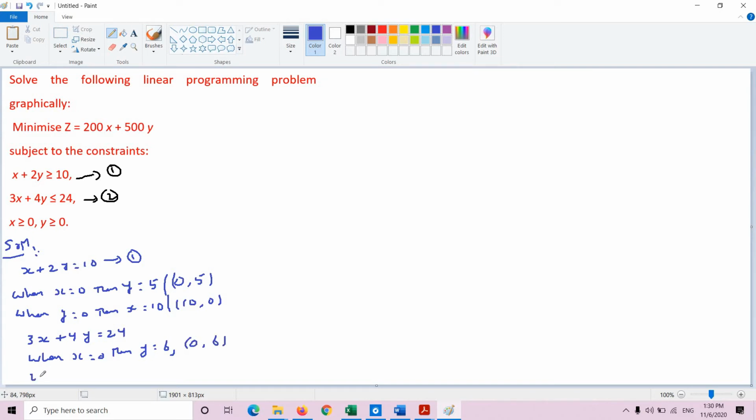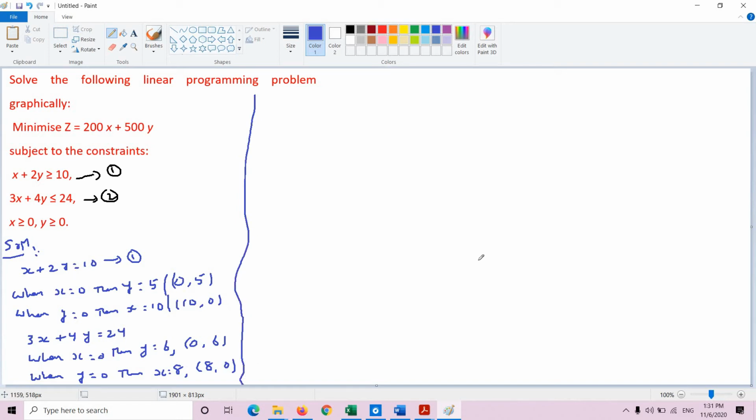Again, when y equal to 0, then x equal to 8. This is the coordinate point 8, 0. Here, y equal to 0 in this equation, then 3x equal to 24 and x equal to 8. Like this, we got all the coordinate points for the required problem.